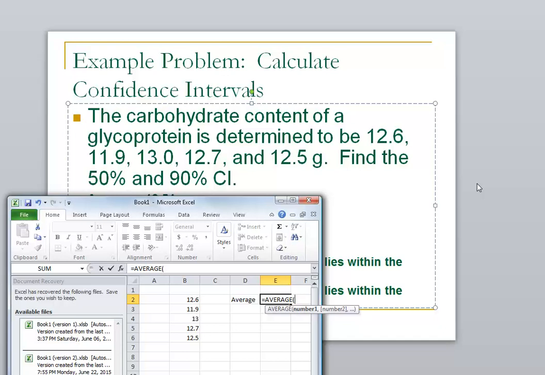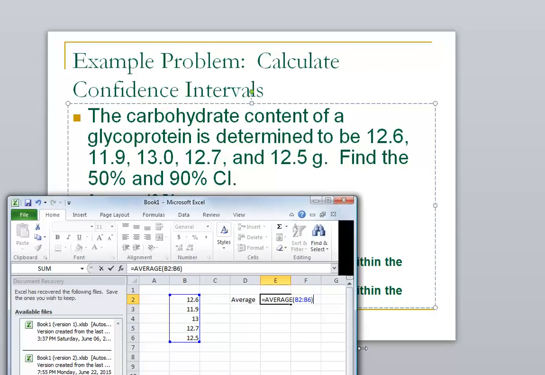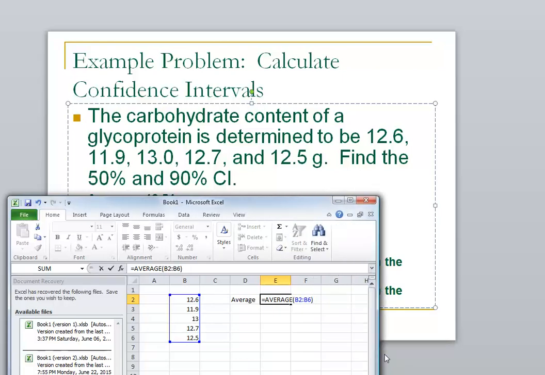Well, I need to tell it what to do the average of. That's what it's waiting on. That's why it says number one, number two, dot, dot, dot. So I just highlight the cells, and I hit enter, or I close up the parentheses. Let me expand that so you can see it a little better. Then I hit enter. There's my average, 12.54. Saves me a little bit of work.